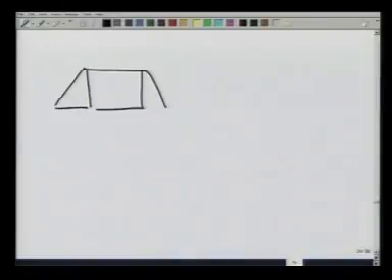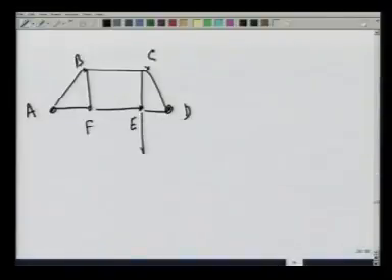To get the forces at points A and D, let me make this again. A, B, C, D, E and F. There is a force of 5000 newtons acting downwards. Let me take the entire truss as one unit.